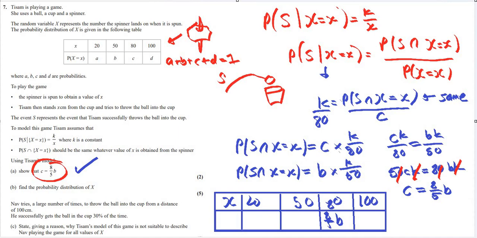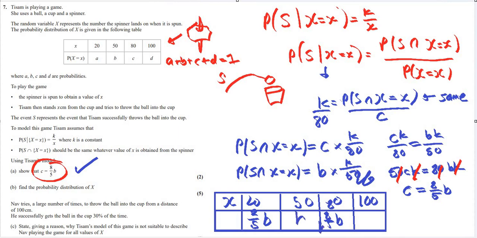For A, the probability of S and X equals a specific value would be A times K over 20. If I rearrange that, I get that A is equal to 2/5 of B. For 50, that's actually B itself, so that's fine.